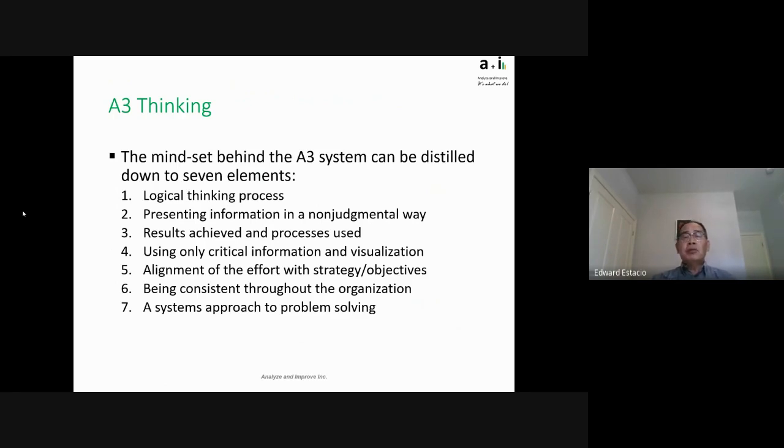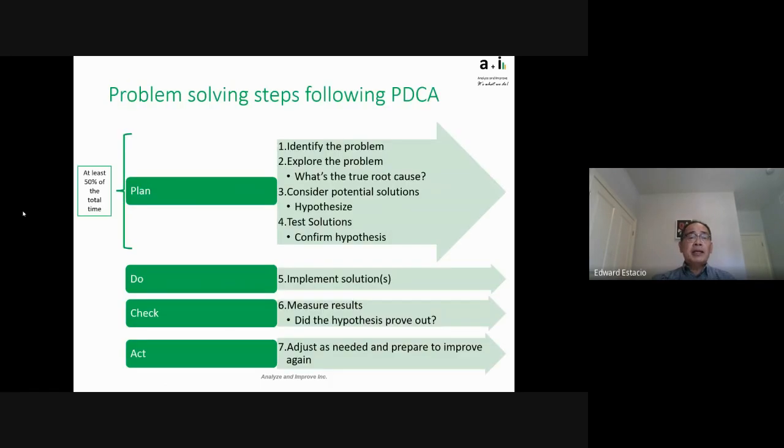As I mentioned before, it is based on the PDCA cycle. The planning part is the most important part, and most of the time it's 50% of what we spend our time on. Planning is critical. If you don't plan properly, then chances of success are minimal. So the first thing we do in planning is identify the problem.